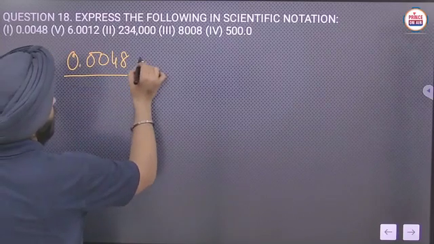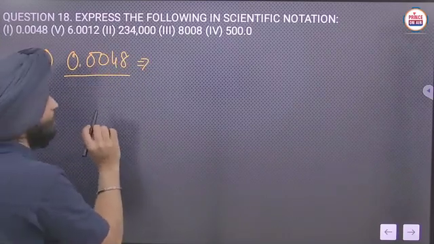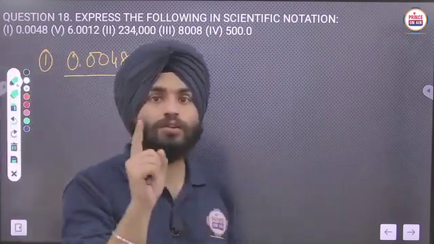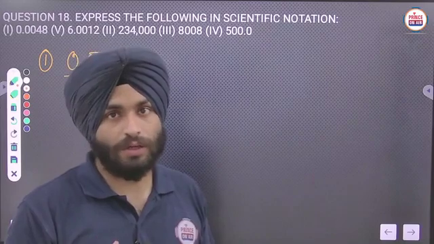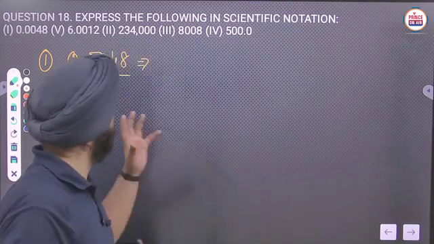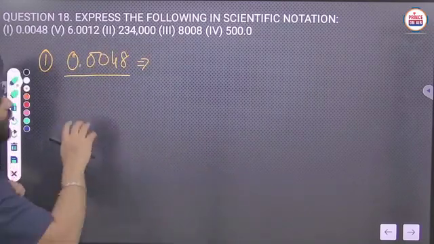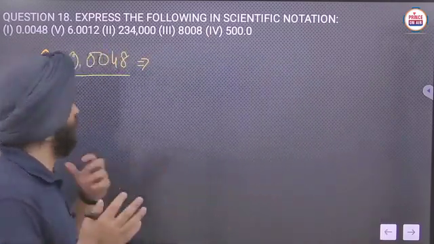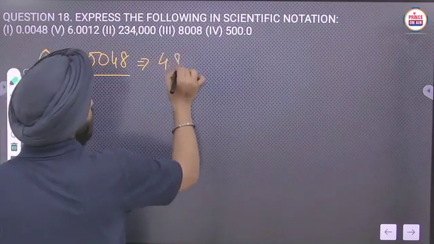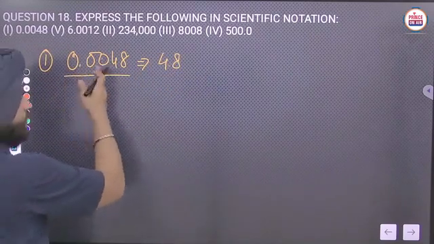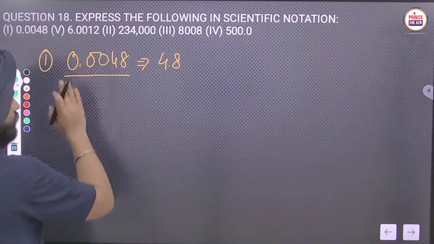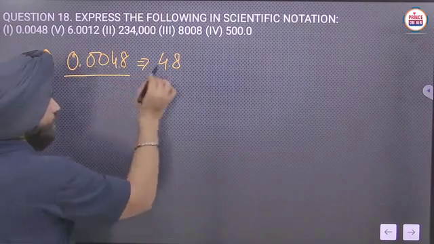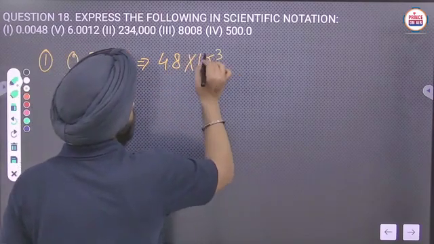In scientific notation, to the left of the decimal there should be one non-zero digit, and on the right side any number of digits can be there. So here we write 4.8. How many steps did the decimal jump? 1, 2, 3. So it will be 10 raised power minus 3.